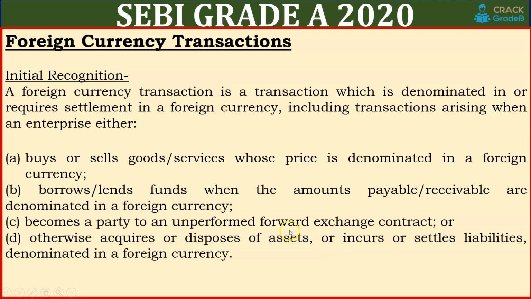This happens when you undertake any contract of speculation or forward exchange contract, or otherwise acquire or dispose of assets or incur or settle liabilities denominated in foreign currency. So if you are selling any fixed assets of yours in foreign currency, or incurring or settling any liability in foreign currency, at these times you undertake a foreign currency transaction.